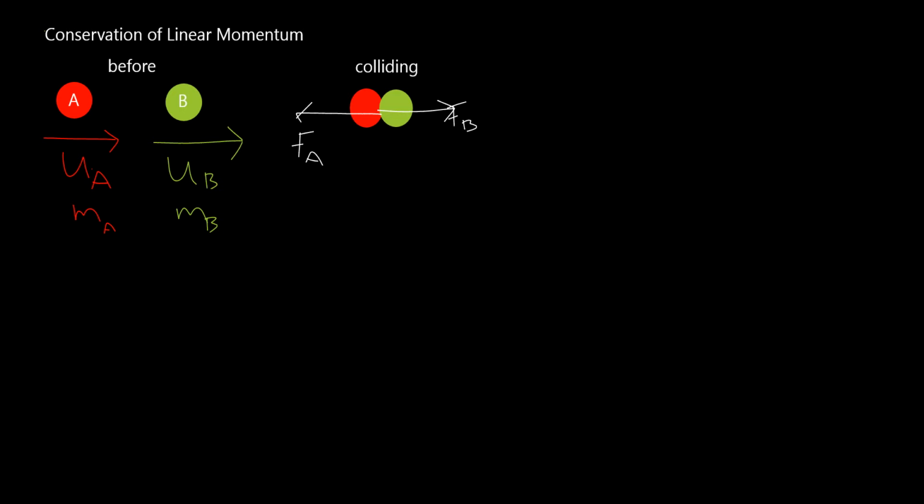So these two balls will be in contact for a very short period of time, and momentum's exchanged, energy may be lost, and we know that each ball imparts an impulse on the other ball. Should be minus there.